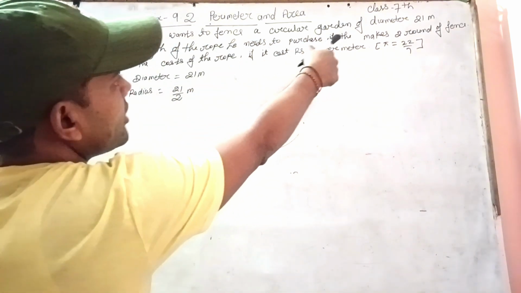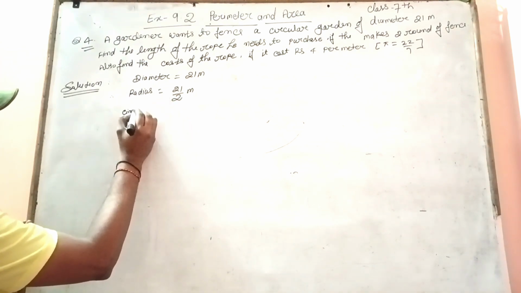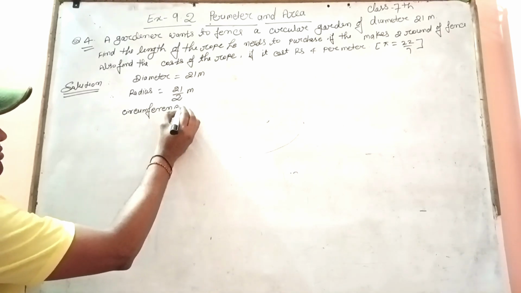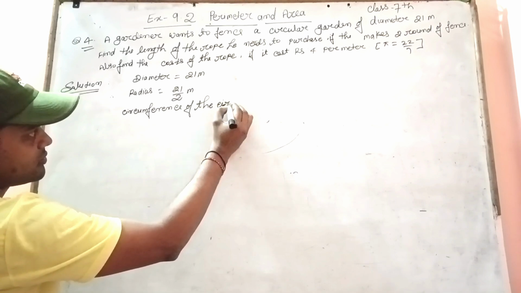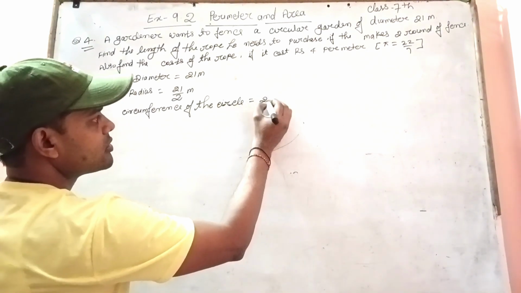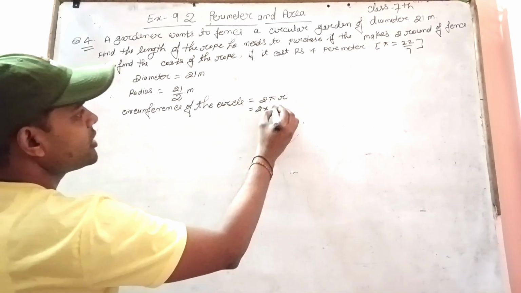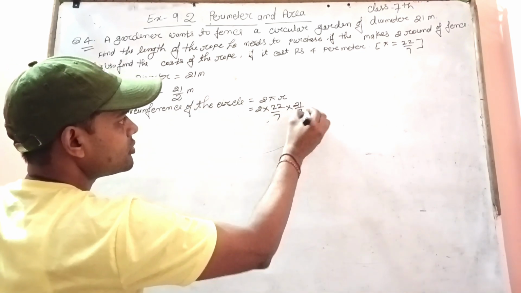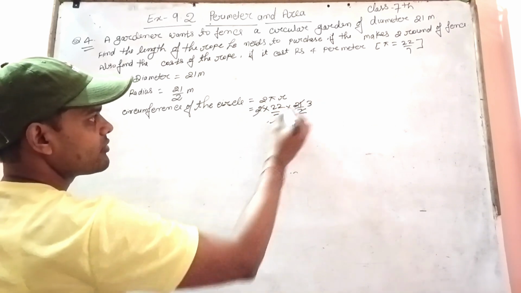The garden is a circular garden, diameter is 21 meter. Find the length of the rope. Circumference of the circle is equal to 2 pi r, is equal to 2 into 22 by 7 into radius 21 by 2. 2 cancels out, and 7 3s are 21.